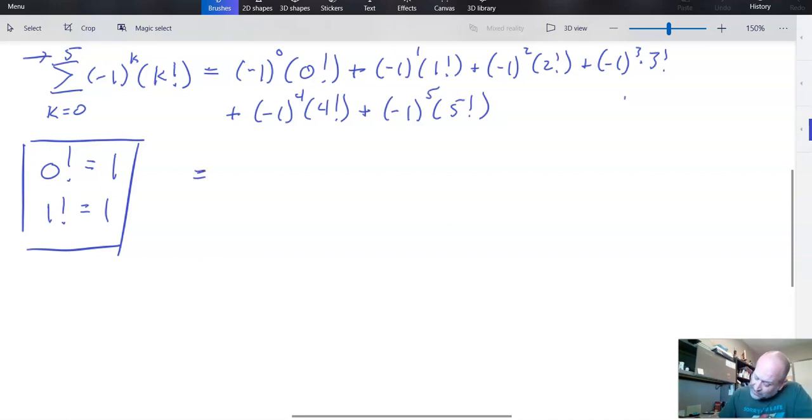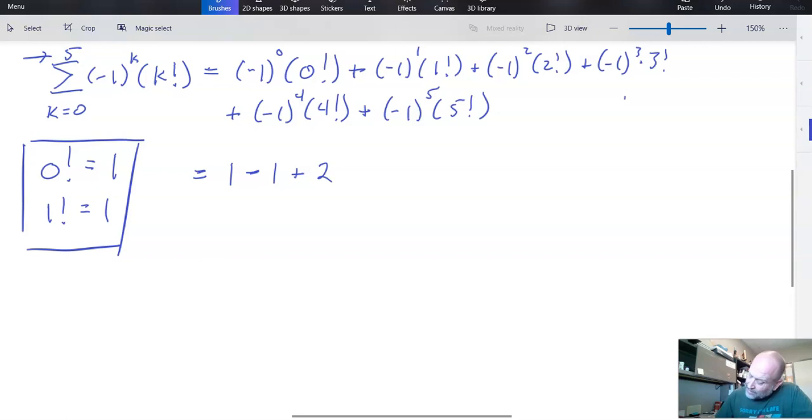So let's write out these terms. 0 factorial is 1. (-1) to the 0 is 1, so my first term is 1. Over here, (-1) to the first is negative, so I know my next term is negative. 1 factorial is 1. The next term, (-1) squared, is positive. 2 factorial is 2 times 1, which is 2.